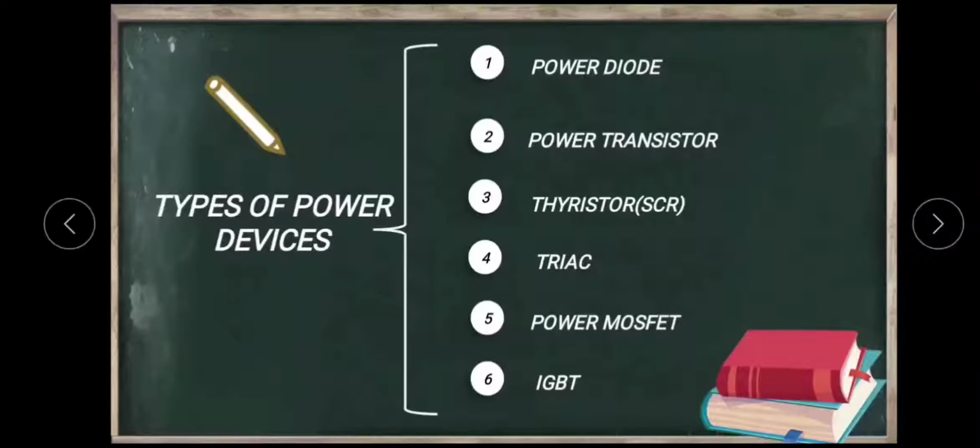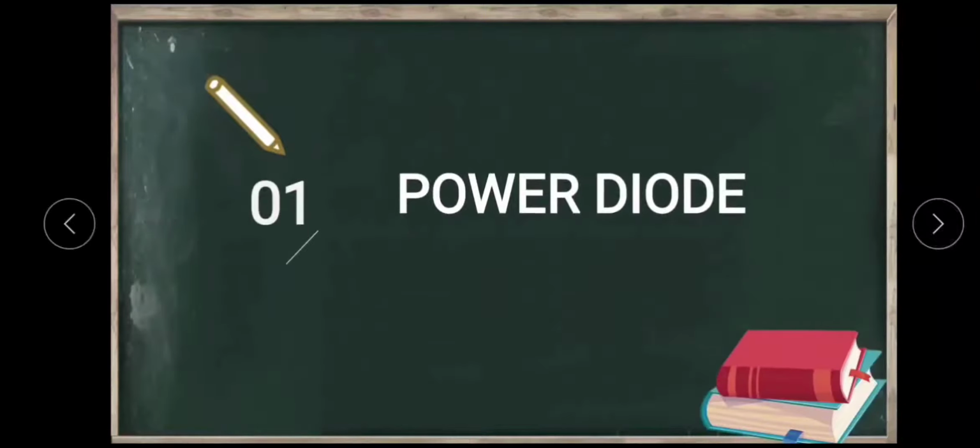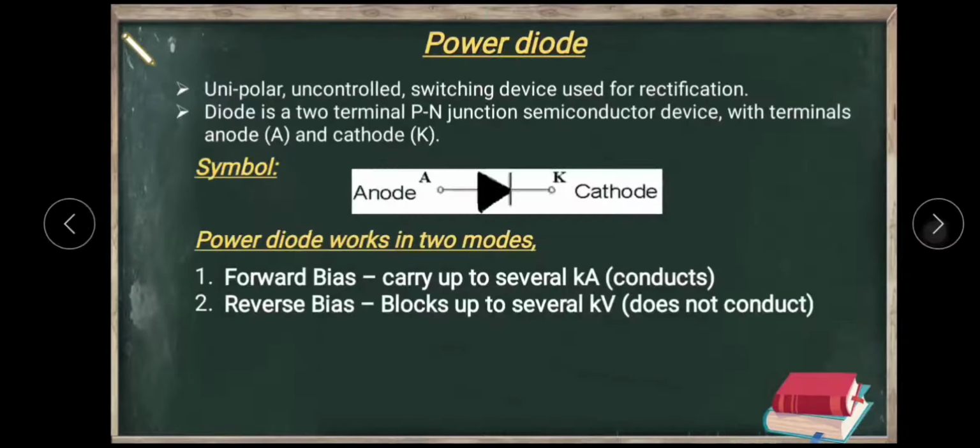First one, let us consider the power diode. Power diode is a unipolar uncontrolled switching device which is used for rectification purpose. It is almost similar to a semiconductor diode. It contains one PN junction and two terminals, that is anode as well as cathode.